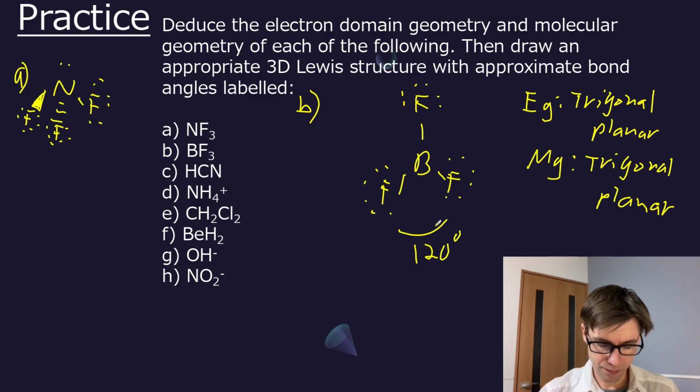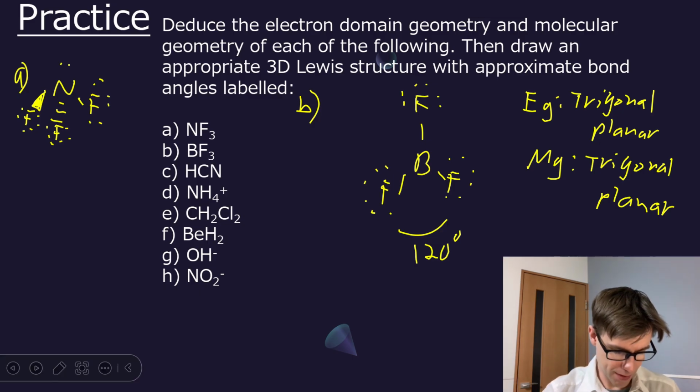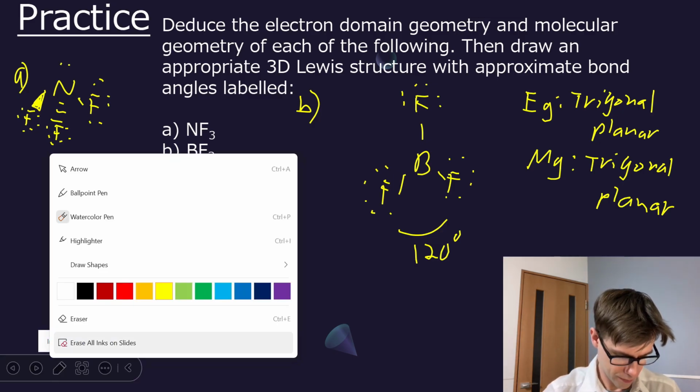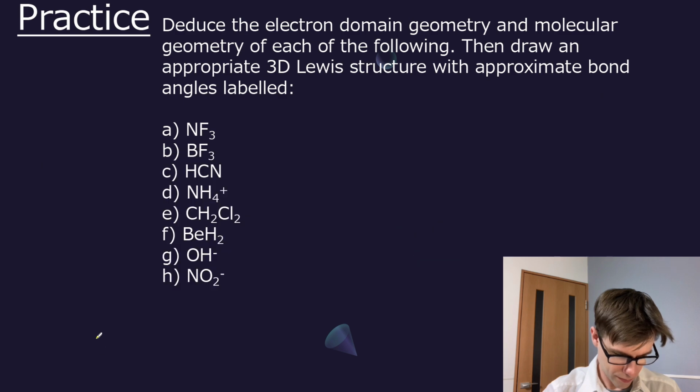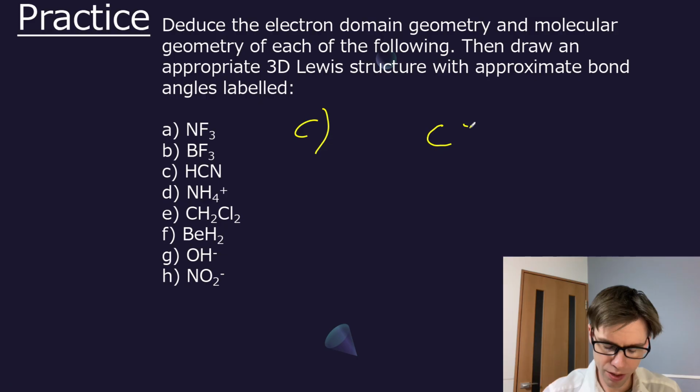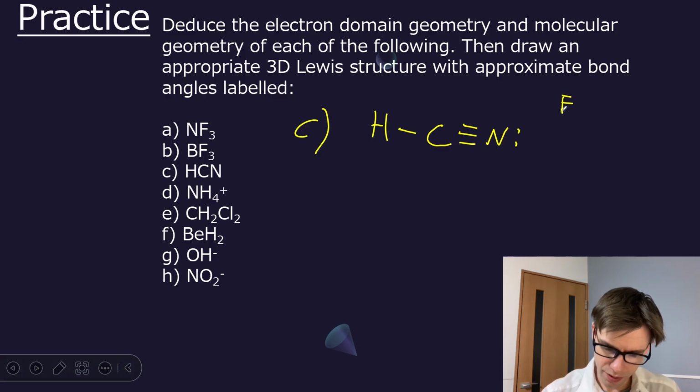All right, that's good. Then C. C is HCN, so we'll have a central carbon. We'll have a triple bond to nitrogen with a lone pair, and then a single bond to hydrogen. So looking at the carbon in the middle, the electron domain geometry is linear.